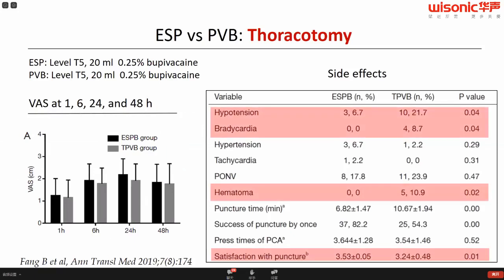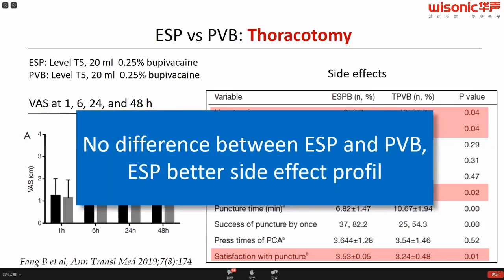And this was a comparative study of ESP block and paravertebral block for thoracotomy pain, and you can see here similar results regarding the pain scores and less hypotension and bradycardia in the ESP group. So the conclusion was no difference between both blocks, but a better side effect profile for the ESP.